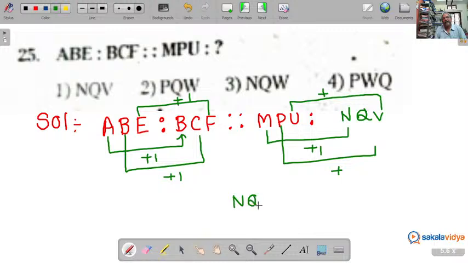Our required answer is NQV. MPU is related to NQV. So first option is the right option.